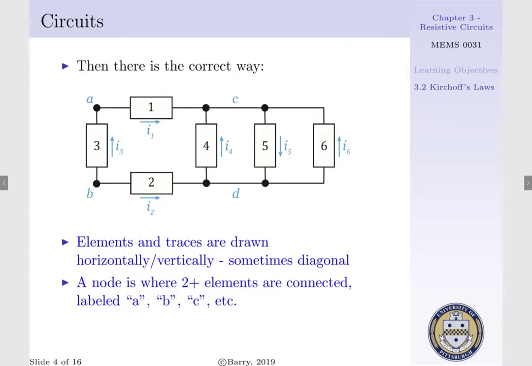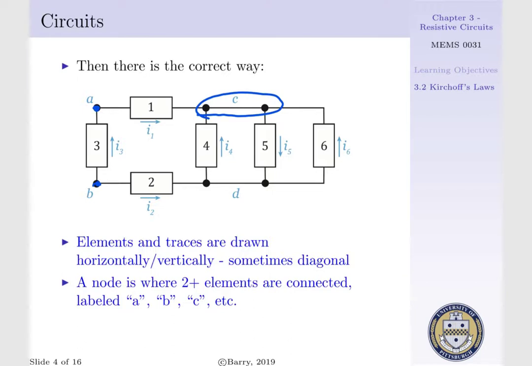Now a node is where two or more elements are connected, and we label these as A, B, C, D, and so on following in the alphabet. Now we see element 1 and 3 are connected via node A. Elements 2 and 3 are connected via node B, and elements 1, 4, 5, and 6 are all connected by node C. Node C encompasses the connections of elements 1, 4, 5, and 6.